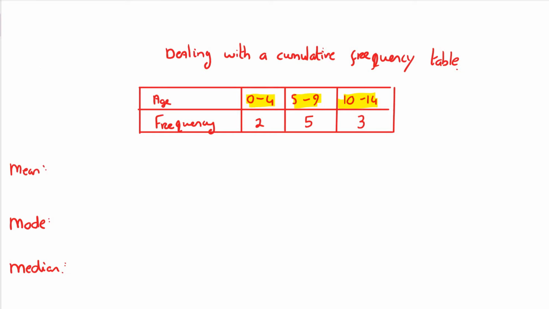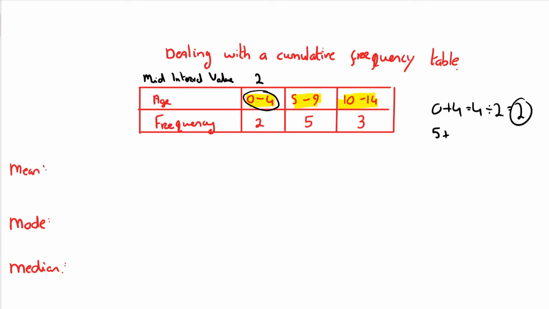So what we do to make this easier is we get a mid-interval value. Anytime we have this 0 to 4 or something to something, all we do is add the two numbers together and then divide our answer by 2. There's our mid-interval value. We put it on top.